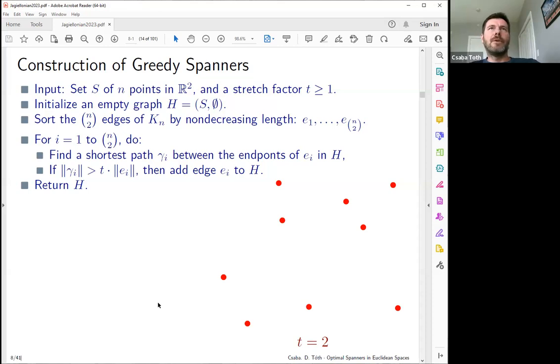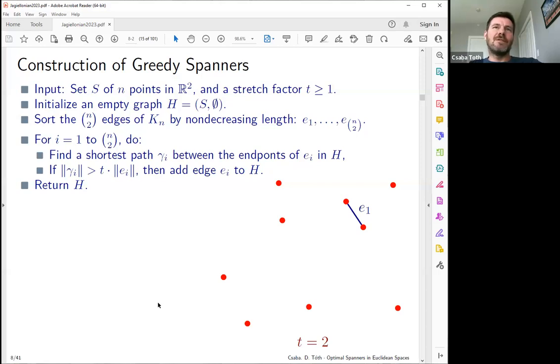We order the edges of the complete graph by length in non-decreasing order, and then each edge is considered, and either we add it to the graph or not. We add an edge if the current spanner does not contain a path of stretch t between the two endpoints.